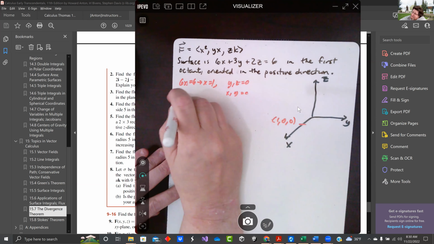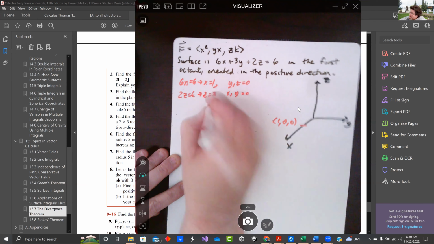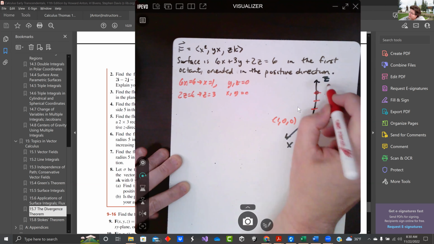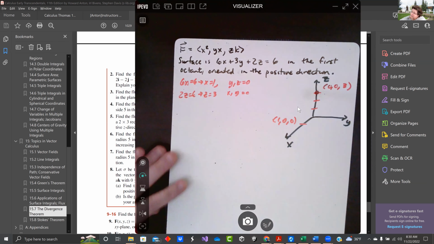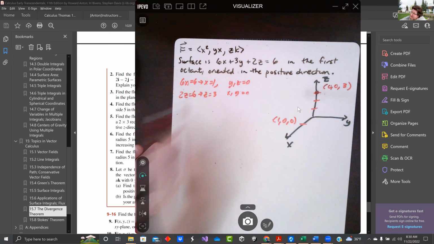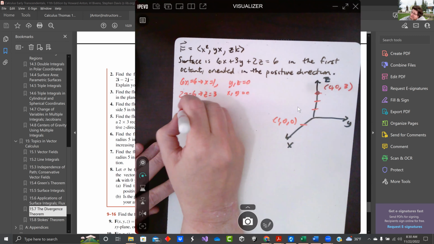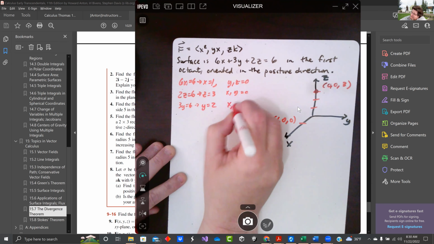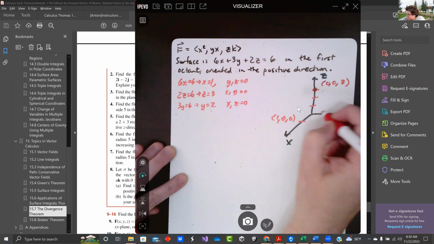I have 2z equals 6, so z equals 3. And when x and z equal 0, we have 3y equals 6, so y equals 2 when x and z are 0. And so that gets us the point 0, 2, 0.